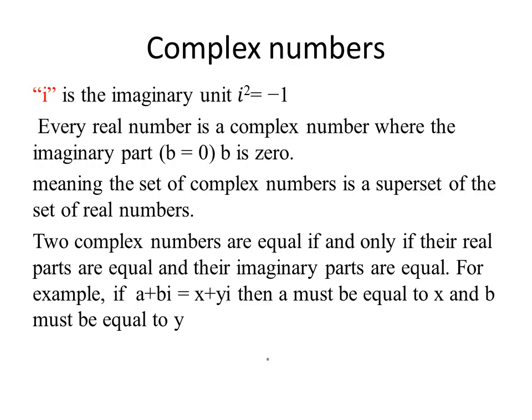Two complex numbers are equal if and only if their real parts are equal and their imaginary parts are equal. For example, if a + bi is equal to x + yi, then a must be equal to x and b must be equal to y.